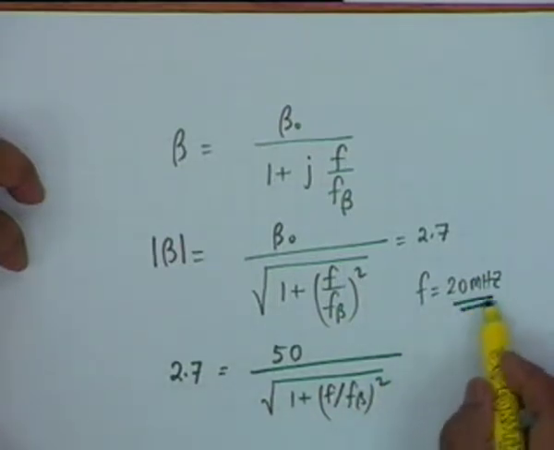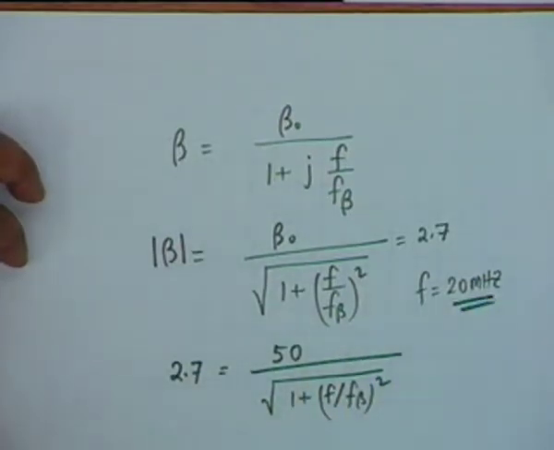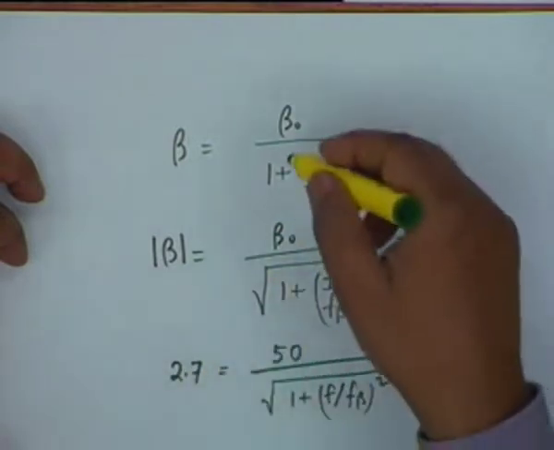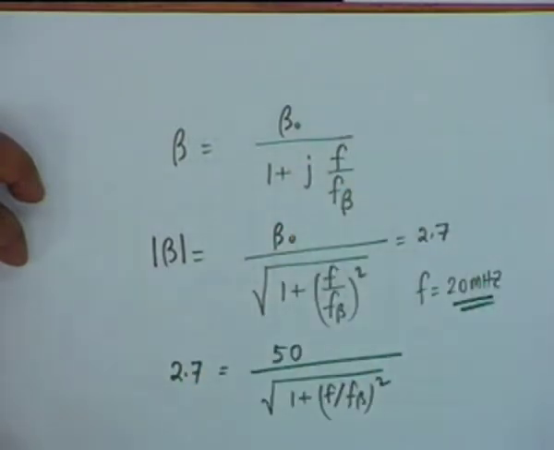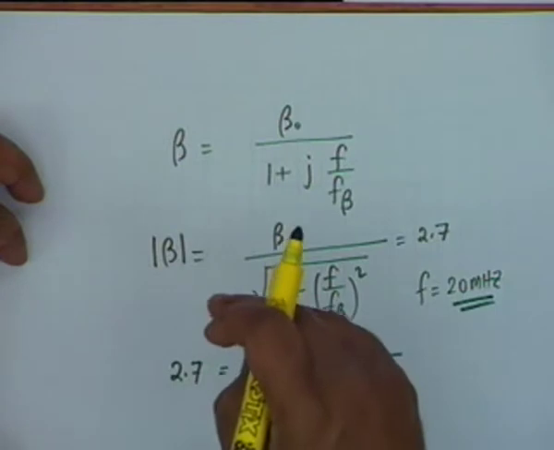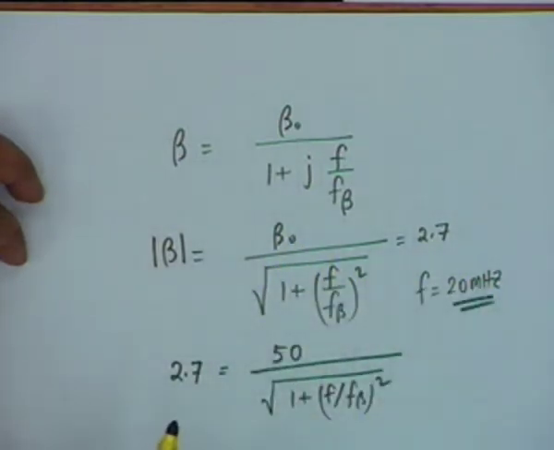Now, at such a high frequency, 20 megahertz, 1 can be ignored compared to f by f beta. From 50, beta has come down to 2.7, it is beyond f beta, and therefore the f by f beta whole squared term dominates the denominator expression.